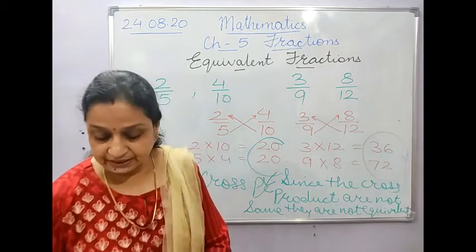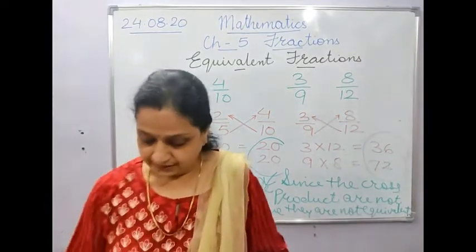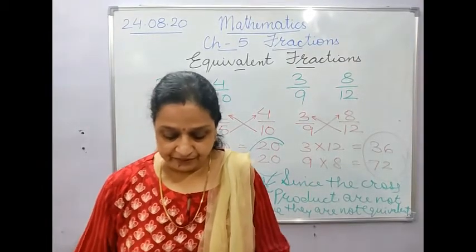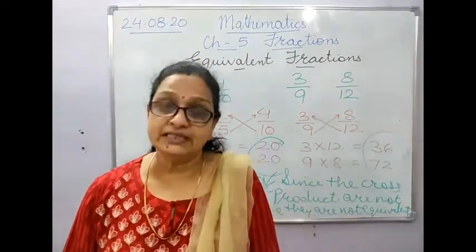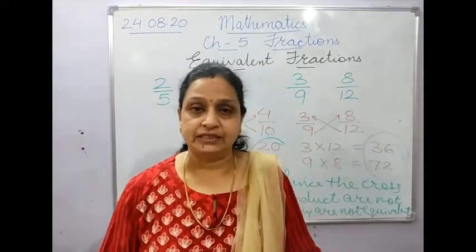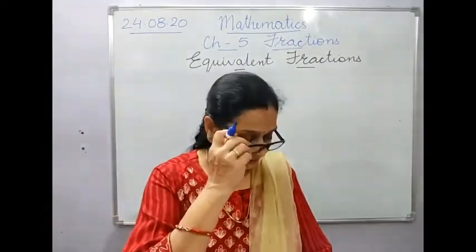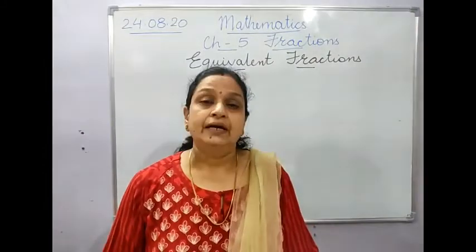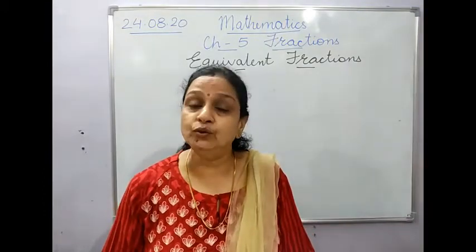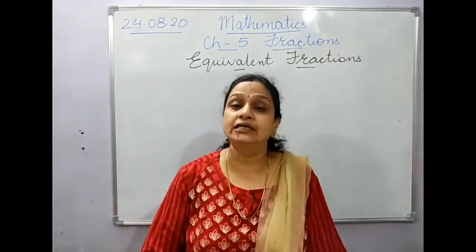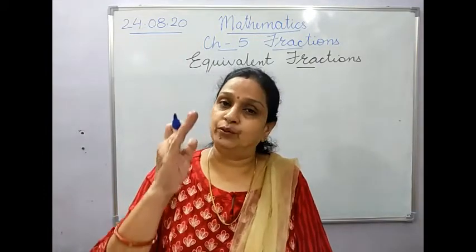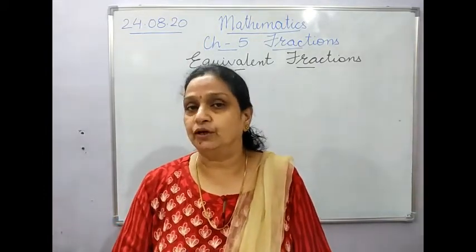Now we move on to the next topic of this, and that is simplifying fractions to the lowest term. Simplifying the fractions to the lowest term, children, this means that you have to reduce the fraction to its lowest term. Lowest term means that no other number can divide both the numerator and denominator.